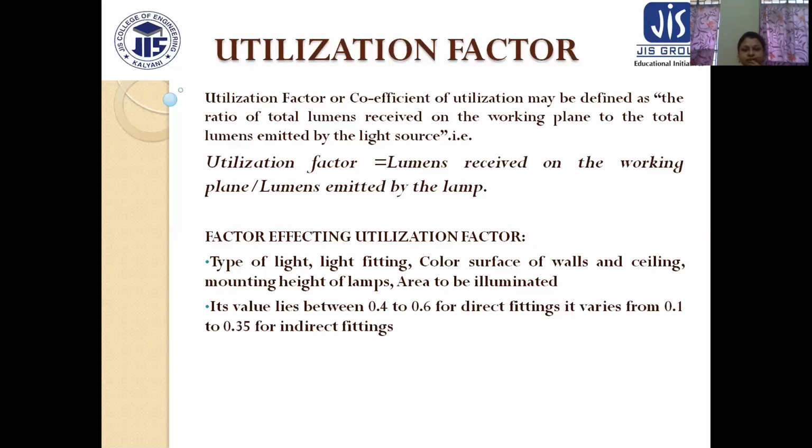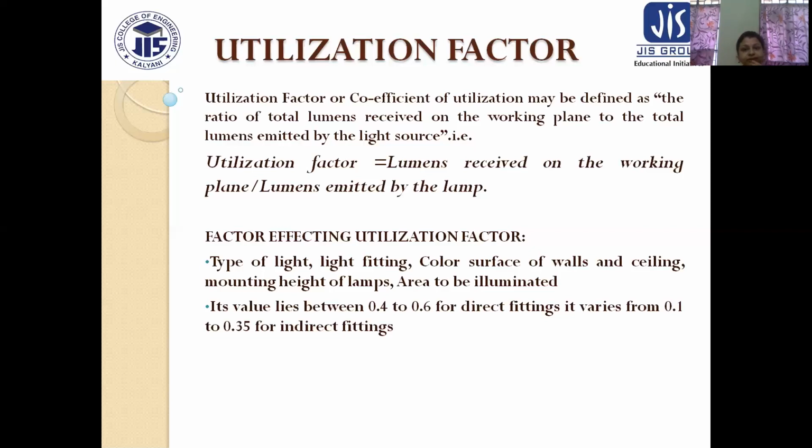These factors are very related to the utilization factor, because of what type of light we are using, what type of light fitting we are using, also the color of the surface of walls and ceiling, their brightness and contrast, mounting height of lamps from the surface, and the area to be illuminated.